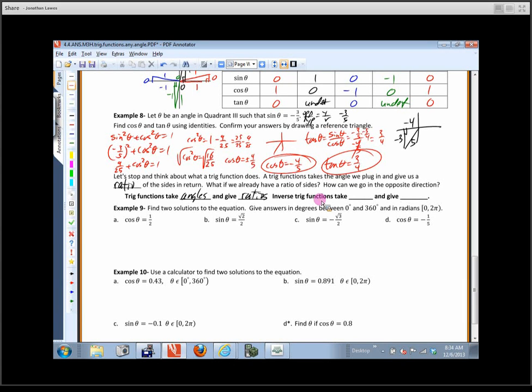It undoes whatever the original function did. Adding 5, its inverse is subtracting 5. Squaring undoes taking a square root. So if regular trig functions take angles and give us ratios, what do inverse trig functions do? They take ratios and they give us angles in return. Okay?